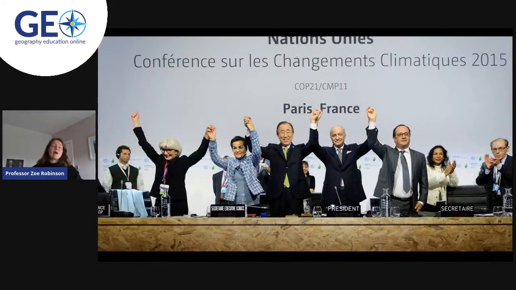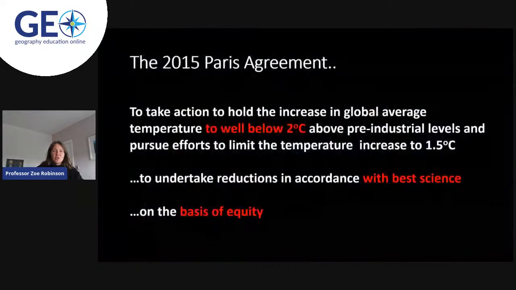So the first thing I want to talk about is the political will that we are now seeing. Back in 2015, you might have heard reference to the Paris Agreement. This was a landmark moment of international governments coming together to really put a mark in the sand about tackling climate change.